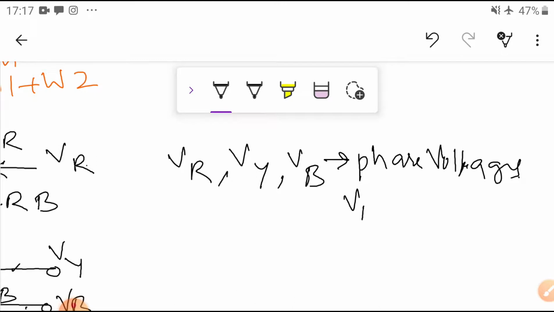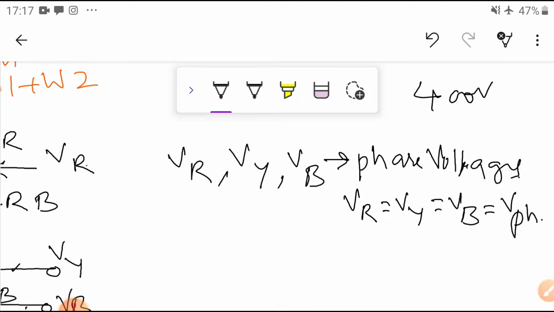Under balanced condition, let us assume VR is equal to V, VY is equal to V, VB is equal to V, so we can take directly V phase. For example, the 3-phase supply voltage is 400 volts, the line to line voltage is 400 volts. What is the phase voltage? 400 by root 3, which is 231 volts.